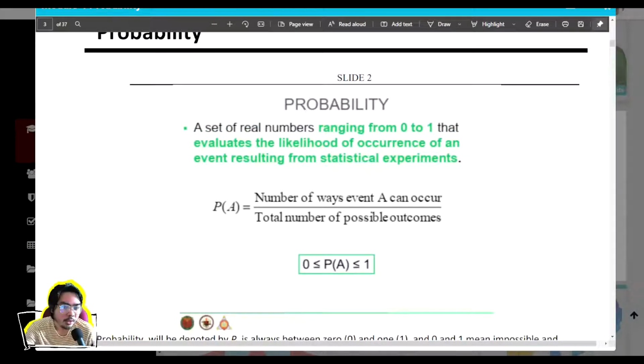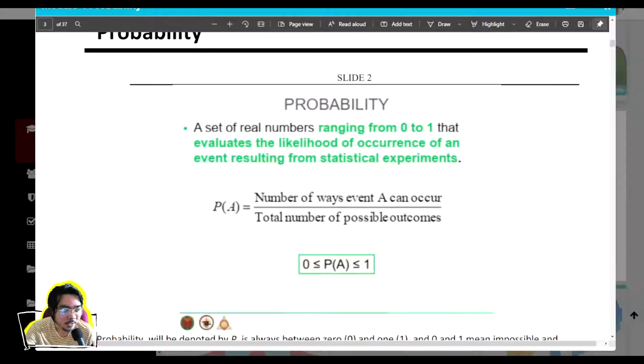So sorry, yung top part is the number of ways event A can occur. So kung dinivide mo lang siya by the total number of possible outcomes, then therefore kung ito yung n1 ways, tapos meron kang n2 ways, then the probability is also multiplicative in nature, no? And this is for things that are done together, no?